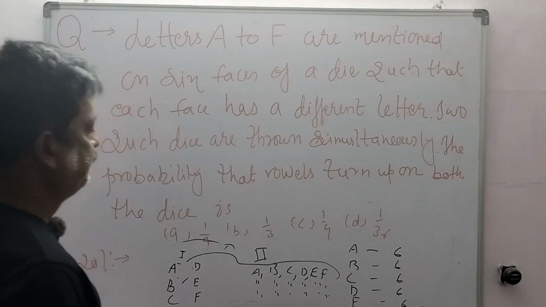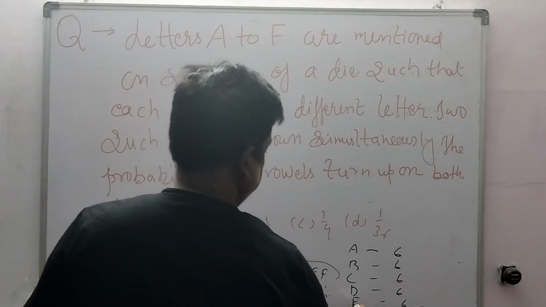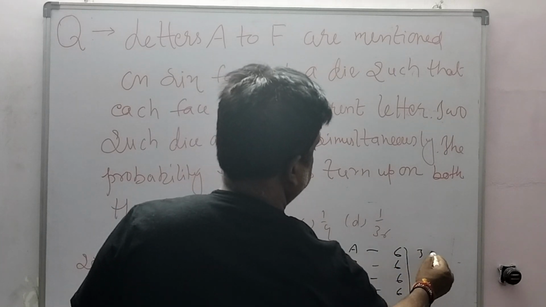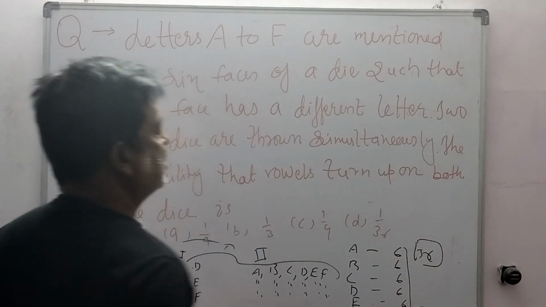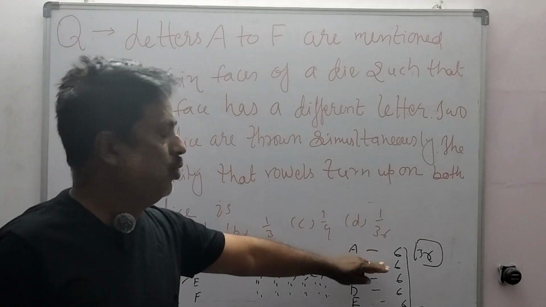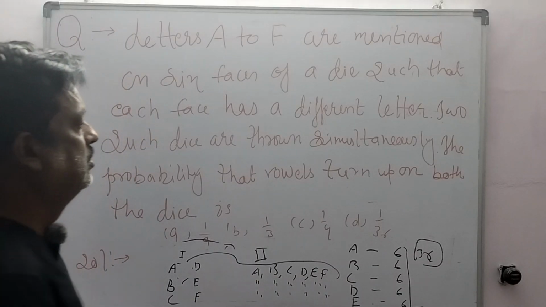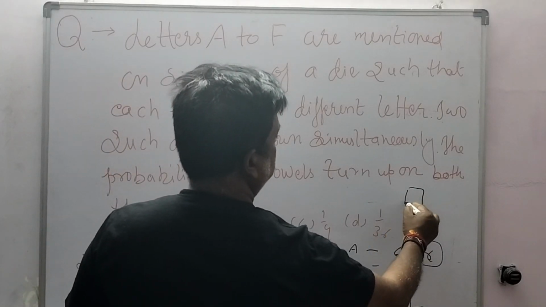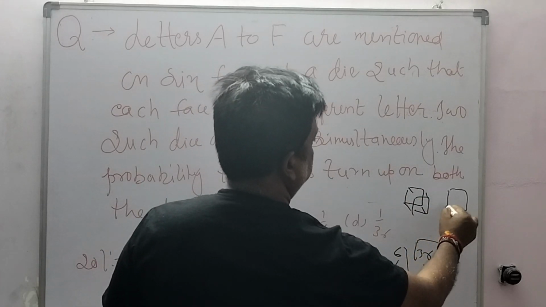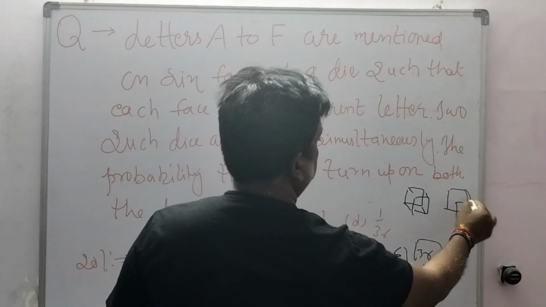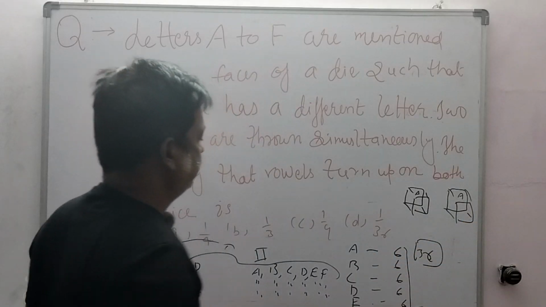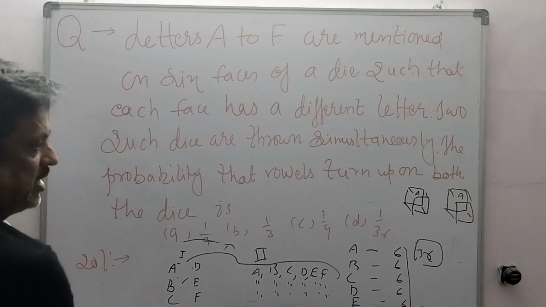So the total outcomes is 36. We have to understand this logic. Two dice are given, suppose A is coming here, maybe A. Understand or not, बच्चे लोग?